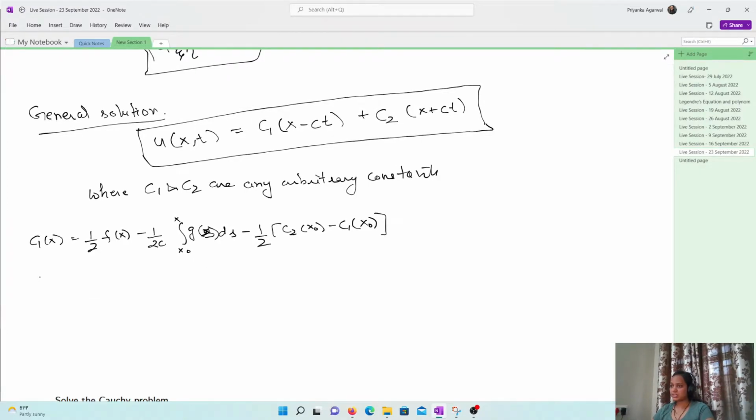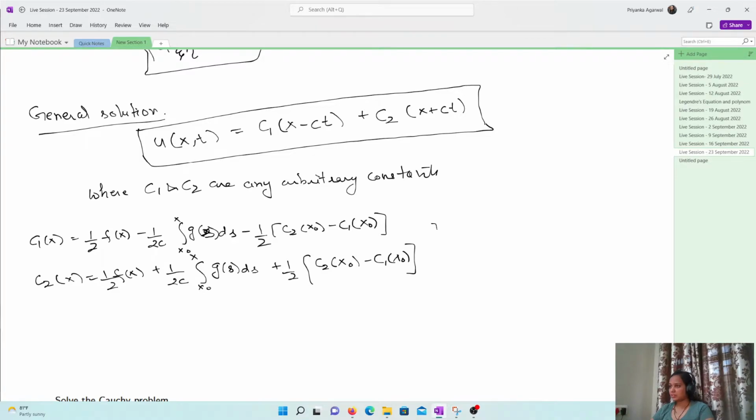And similarly, C2(x) can be written as 1 by 2 f(x) plus 1 by 2c integral from x0 to x of g(s) ds plus 1 by 2 again this term C2(x0) minus C1(x0).